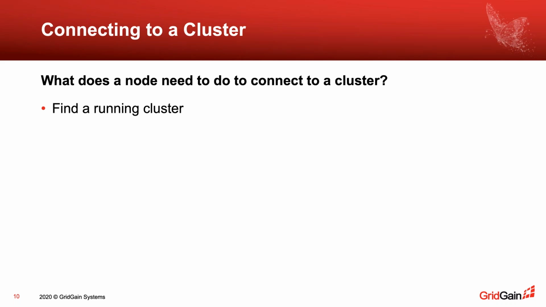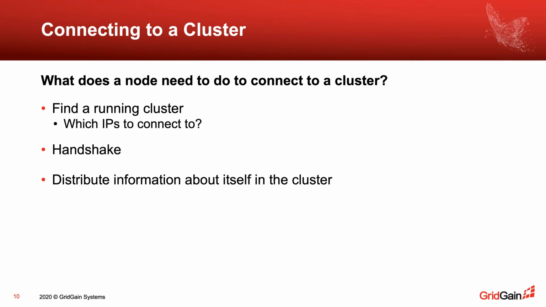It needs to find a cluster, which translates to needing to find the IP addresses the node needs to connect to. Then there needs to be a handshake between the joining node and the cluster. And finally, the node needs to exchange information between itself and the cluster it just connected to. It needs to exchange the network addresses first of all, but also a lot of other internal system information.